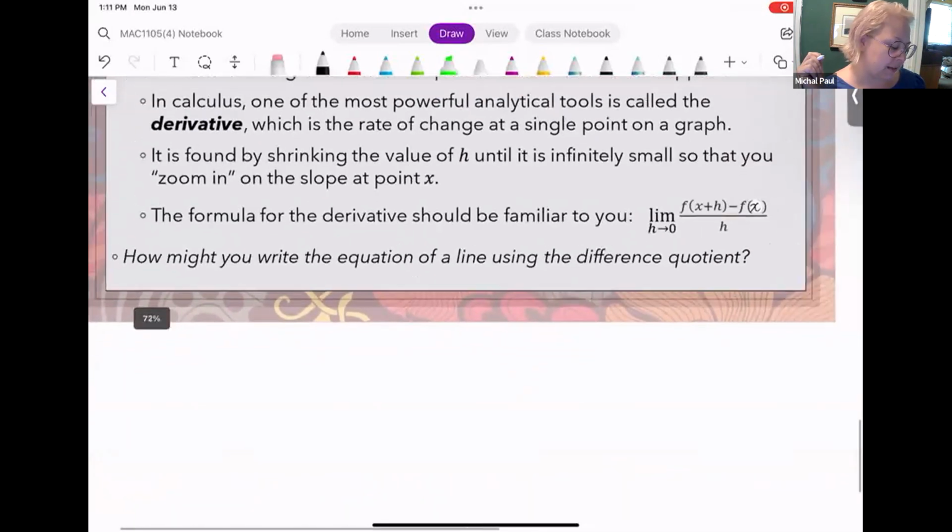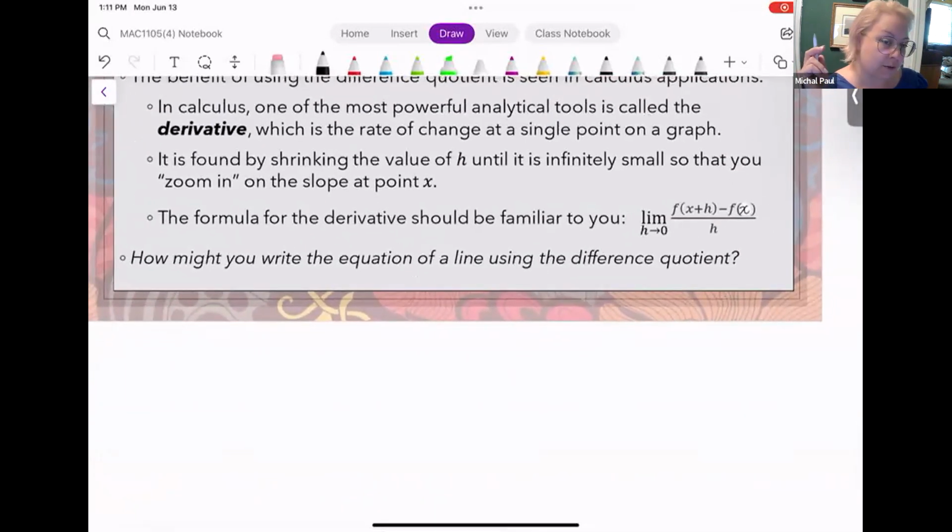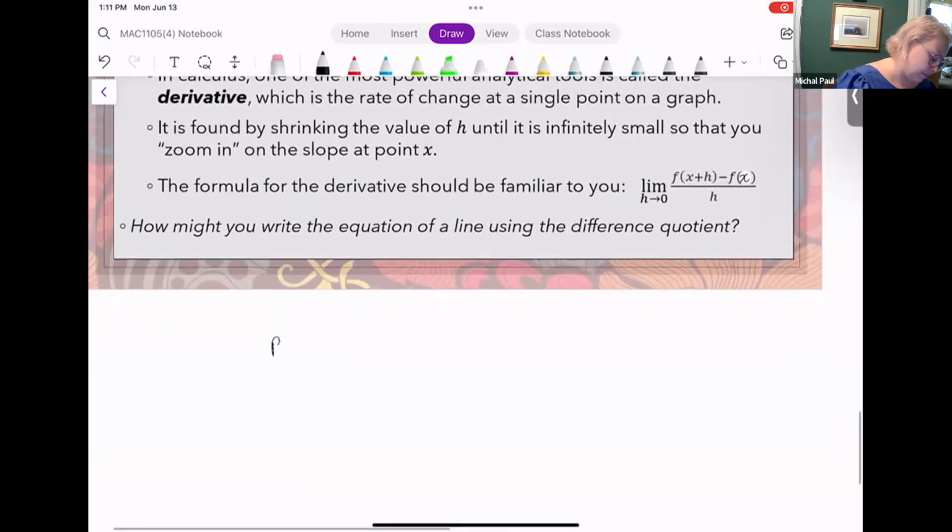But if we were going to write the equation of a line using the difference quotient, then I could use my point slope form.